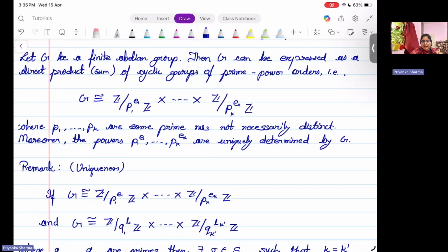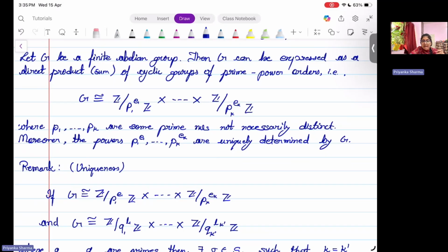Let G be a finite abelian group. Then G can be expressed as a direct product, or direct sum in case we are dealing with an additive abelian group. So G is a direct product of cyclic groups of prime power orders.